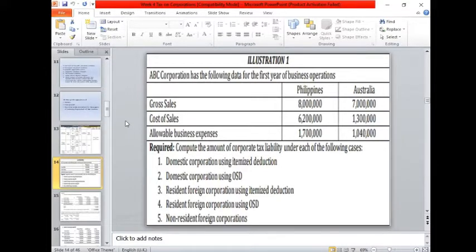They have also the cost of sales in the Philippines and Australia, and also allowable business expense for the Philippines and Australia.